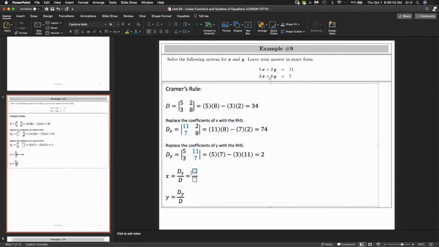That's 74 over 34 and 2 over 34. Of course, you can reduce these if you like. I would encourage you to. That's 37 over 17, and this is 1 over 17.